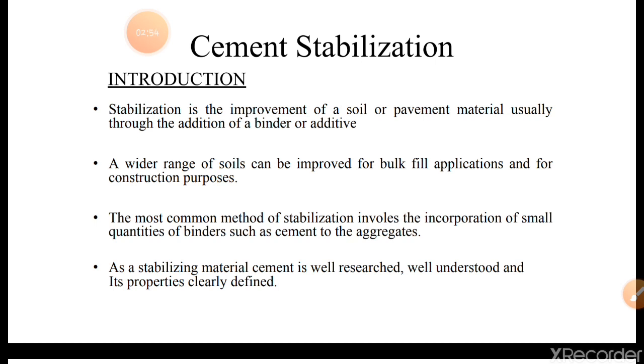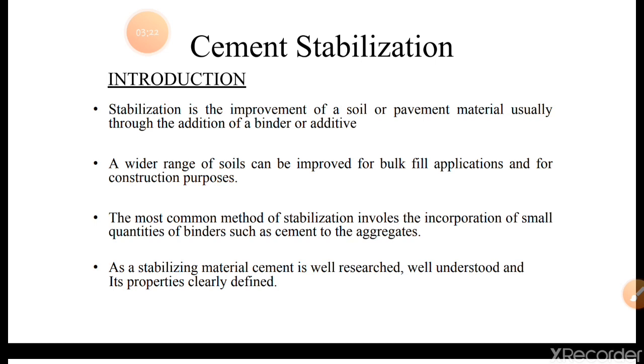Already we know that stabilization is the improvement of a soil or pavement material, usually through the addition of a binder or additive. Cement again is a binder which is used either in concrete or masonry to bind the particles together. So here also, when we add the cement to the soil, it will bind the various particles of the soil together.